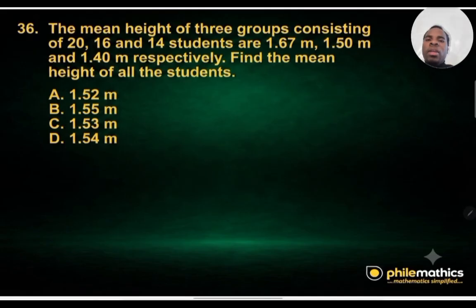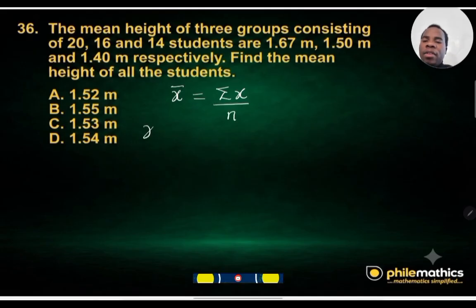What do I mean? Remember that the formula for finding the mean is the summation of the numbers that we have over how many they are. So the average of the first group, let's call it S1 bar, of age 20, was given as 1.67.